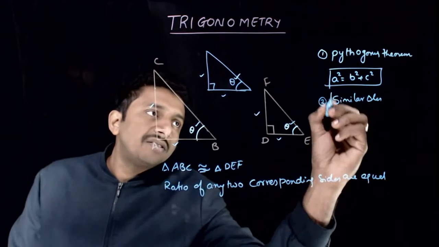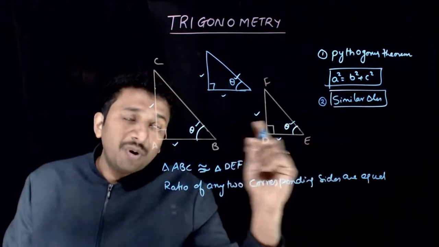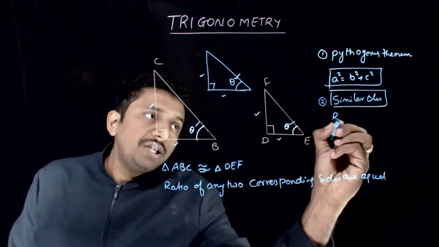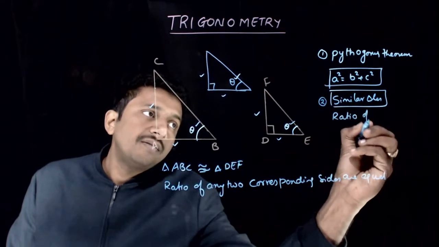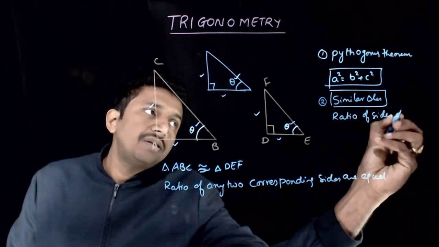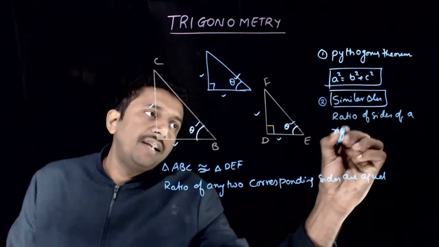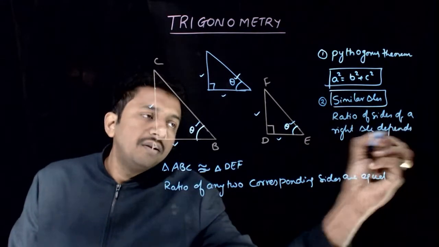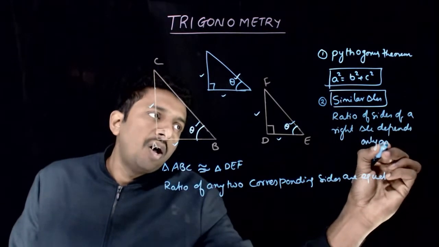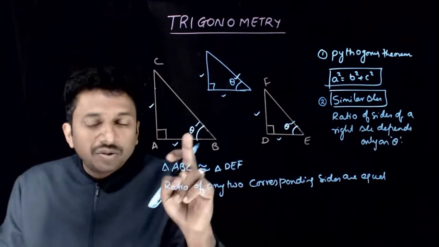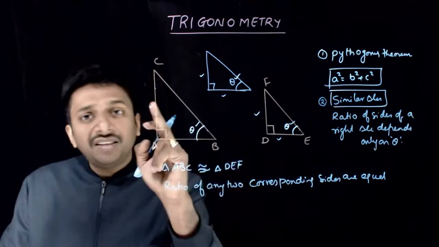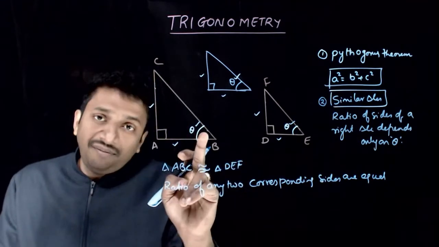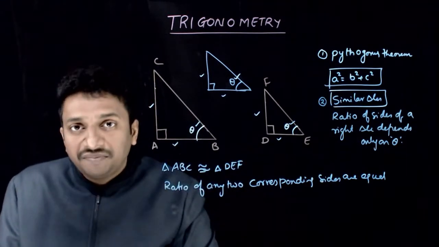So in the second property we say that the ratio of sides of a right triangle depends only on theta. That is, if theta is the same, the ratios are the same. If theta is different, the ratios are different.